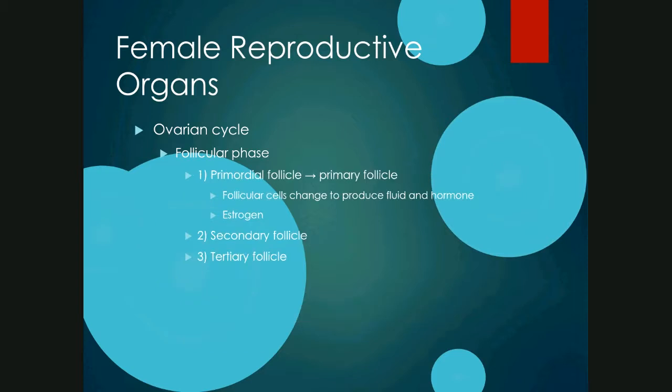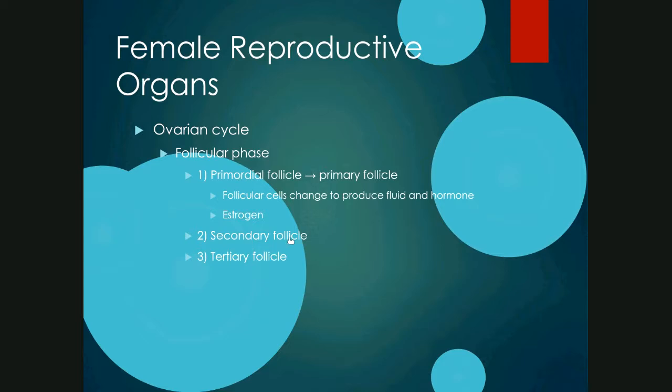Again, here's what we've already mentioned. The follicular phase is the first 2 weeks. The primordial follicles become primary follicles. There's a group of primary follicles. The follicular cells are going to produce fluid, and they're going to produce the hormone estrogen. So they start to wrap that oocyte with more fluid. Eventually, there's the secondary follicle, and there's only one of these.